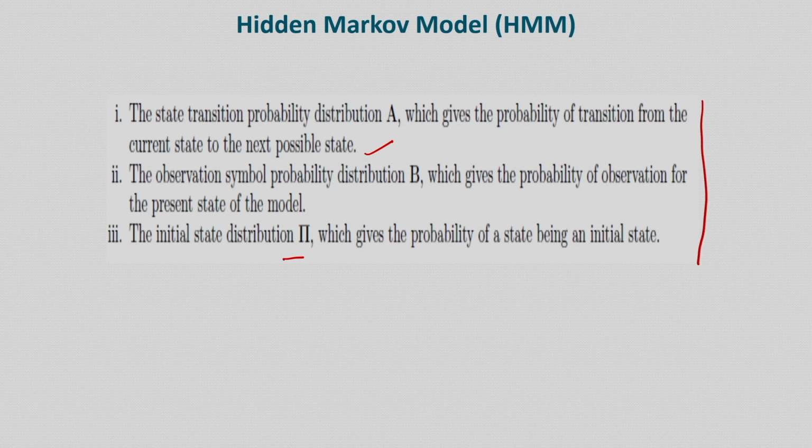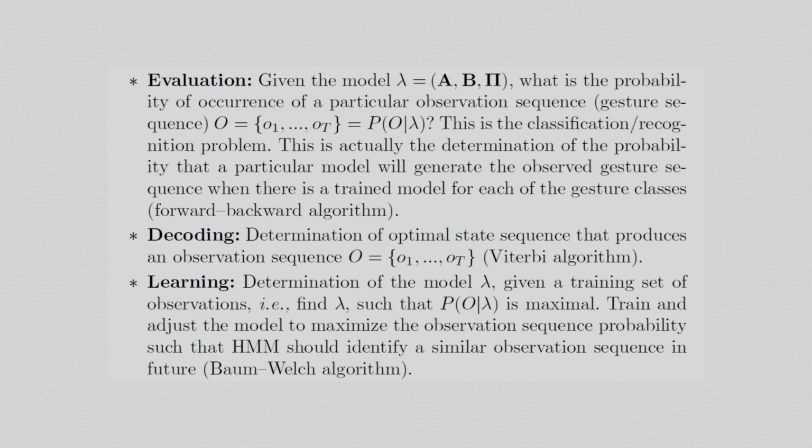In the hidden Markov model, these parameters are important: A, B and pi. In the hidden Markov model, we have three basic problems. The first problem is evaluation.